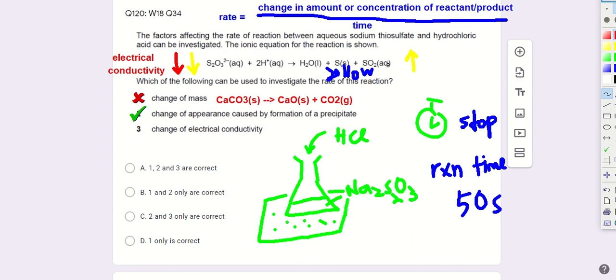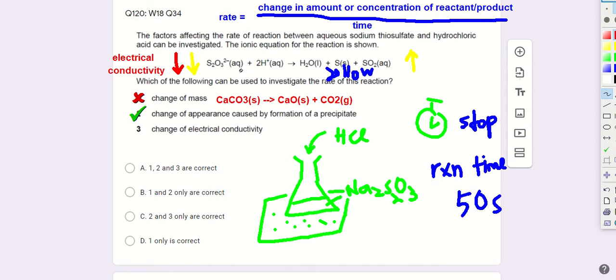But does it increase the electrical conductivity? No, because none of them is carrying a charge. So overall, electrical conductivity will only decrease. There's a change in electrical conductivity. And the change in electrical conductivity, what is it telling us? It's telling us the change in the amount of reactant. It decreases, telling us the amount of reactants has also decreased.